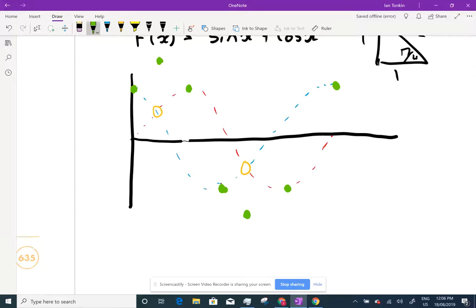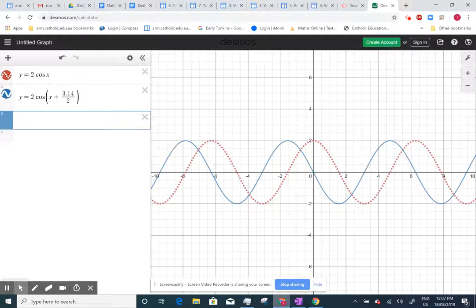So my curve is going to look something like that. And that's question 13. And let's have a look at it on Desmos. That's the best way to check it out because you can see it much better.